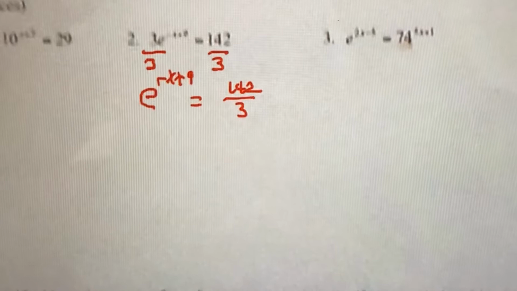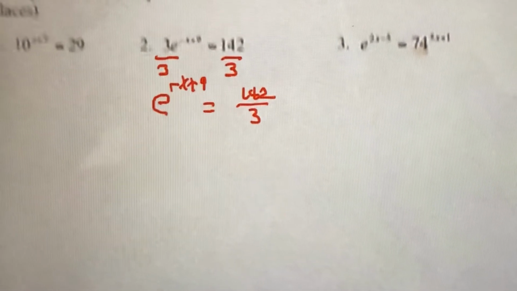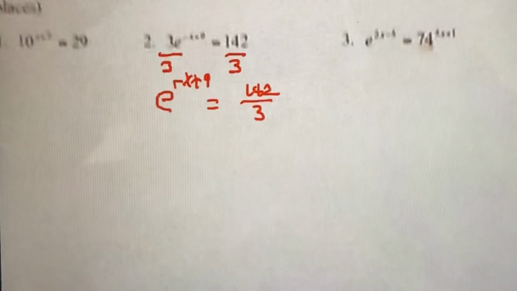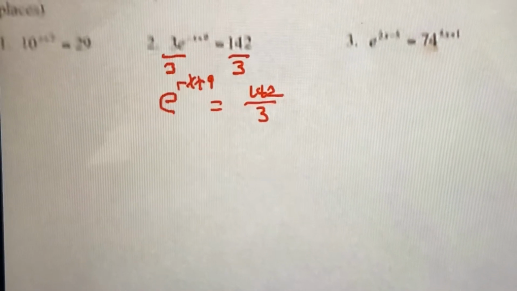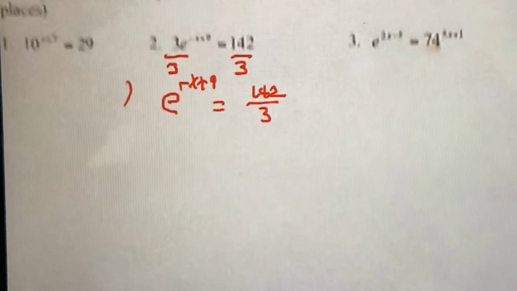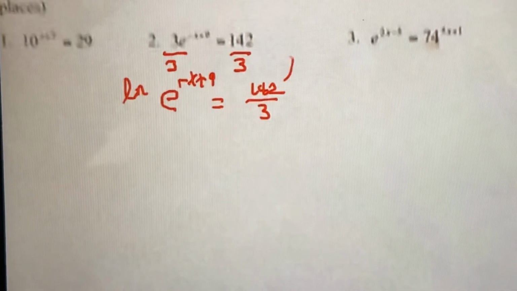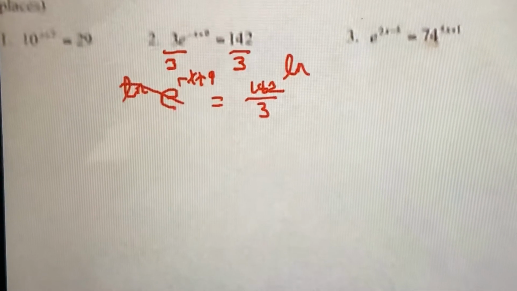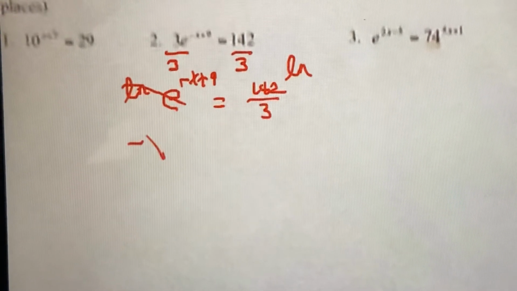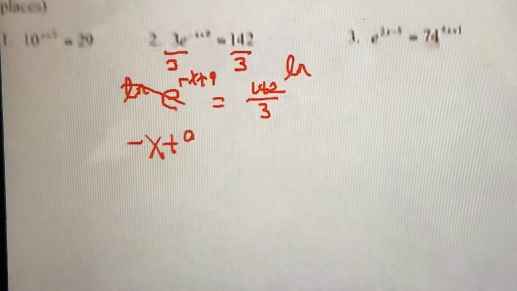Now, to eliminate the e, remember e is not a common log, it's a natural log. To do the opposite of it, I take the natural log of both sides. So this just disappears, and that exponent, negative x plus 9, just drops.